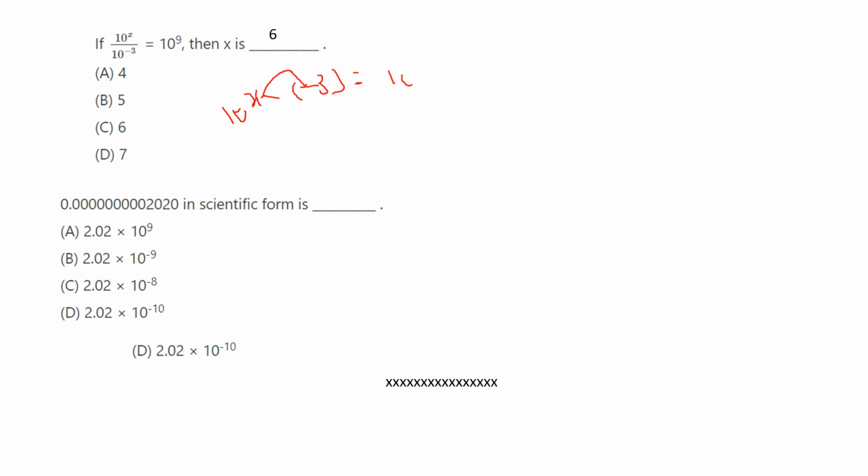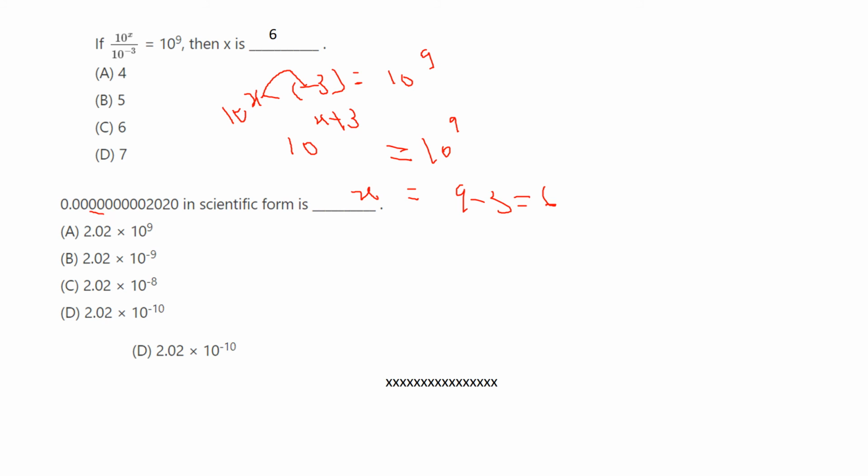So we can write it as 10 to the power x plus 3 equal to 10 to the power 9. Bases equal means powers equate. So x equal to 9 minus 3 equal to 6. 6 is the answer.